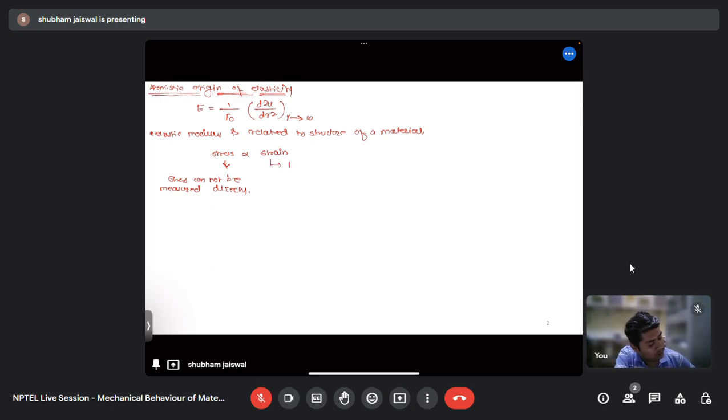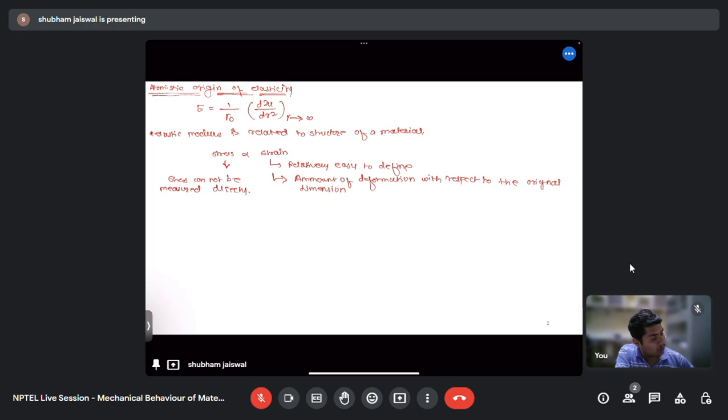Strain is defined as the amount of deformation with respect to the original dimension.